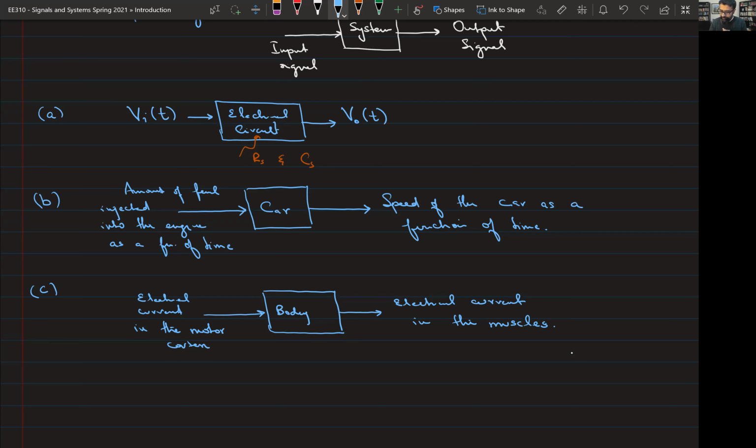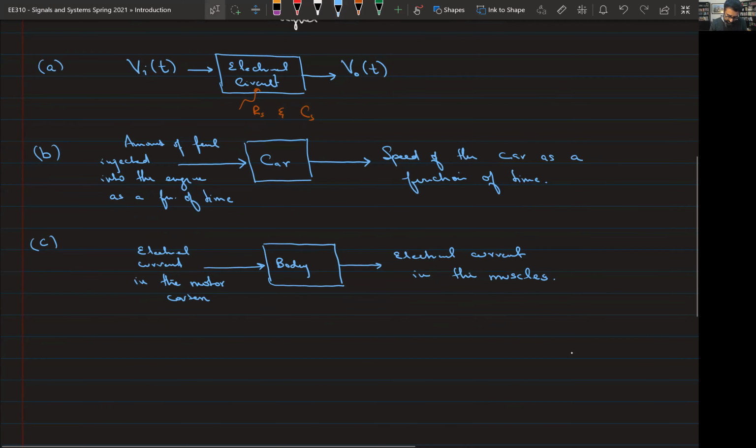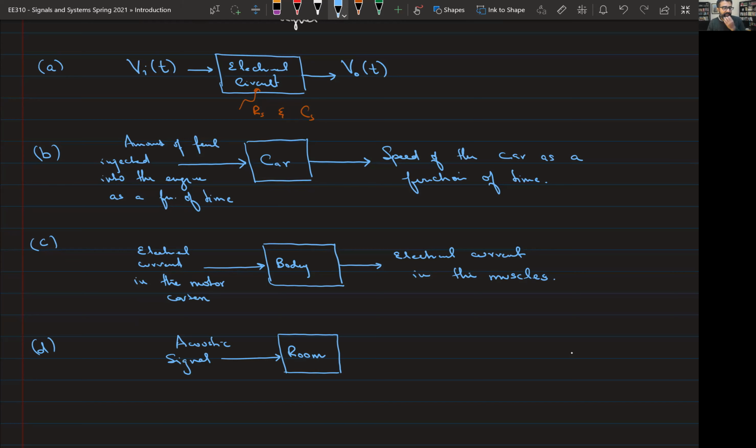And let me just give you one more example, right? And that's an acoustic system, right? So this would be, for example, a room. And so there's an acoustic signal in. So let's say you're in an empty room, right?